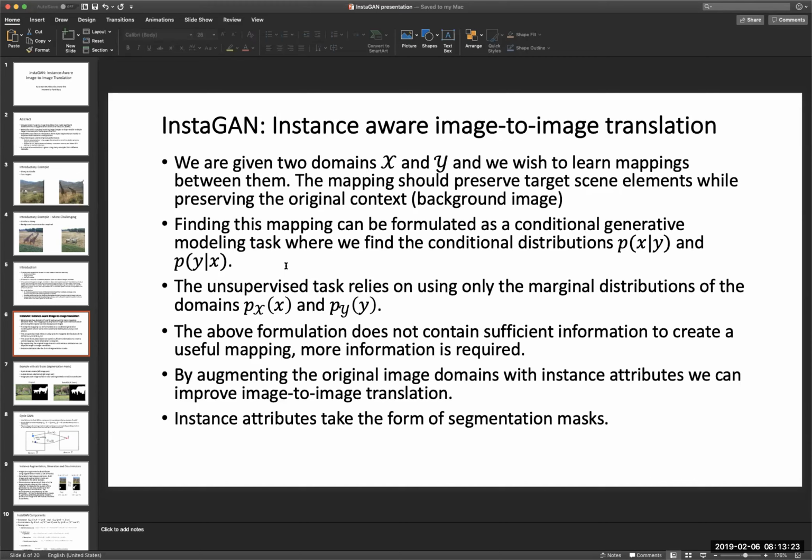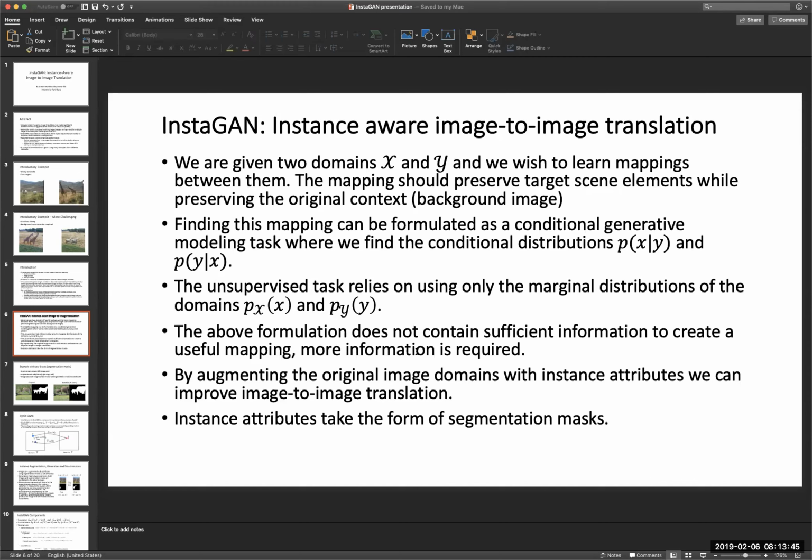But in the unsupervised case, we want to rely only on the marginal distributions, the domain distributions, P script X and P script Y. So we don't want to have to use the joint distribution.